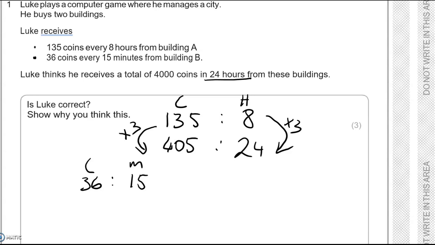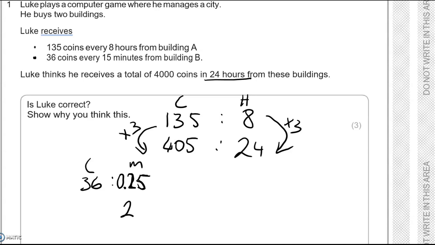So we can either convert the 15 minutes to hours, which would be 0.25, and I think that would be the best thing in this case. But we could also convert the 24 hours into minutes and do the minutes. Well, I'm going to go for the first one. So I'm going to make this 0.25 because it's quarter of an hour, 15 minutes.